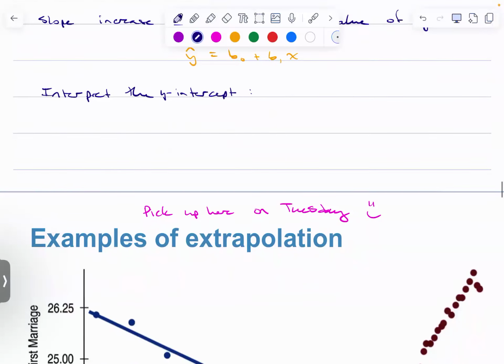So to interpret the y-intercept, the y-intercept is the predicted value of y when x is 0.